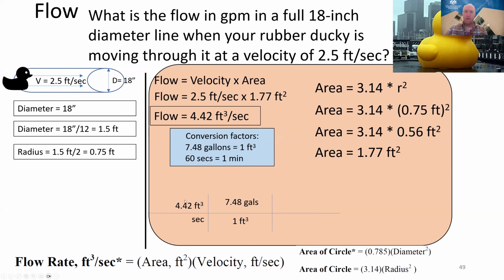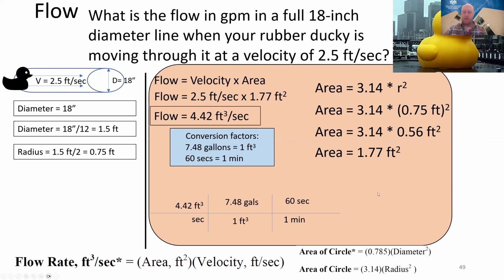So I want to get rid of my cubic feet, so I put that cubic feet unit on the bottom so I can cross those out and have gallons on top. And then I'm also going to put my other conversion factor in there. I want to have seconds on top because I want to cancel out the seconds in my flow in that first unit.